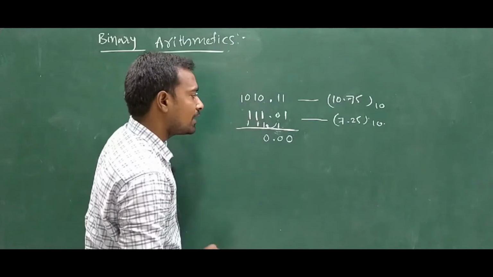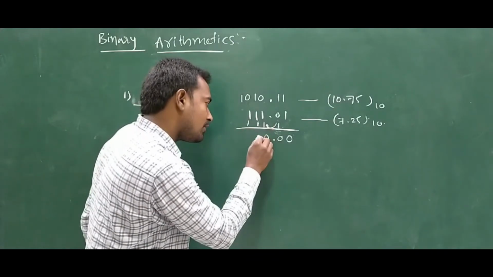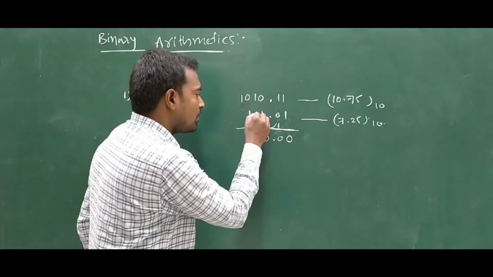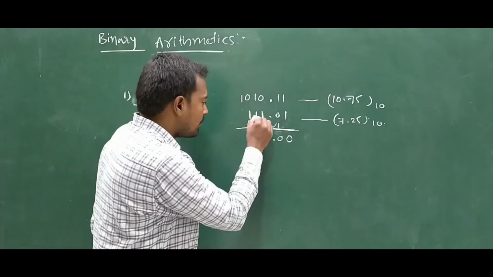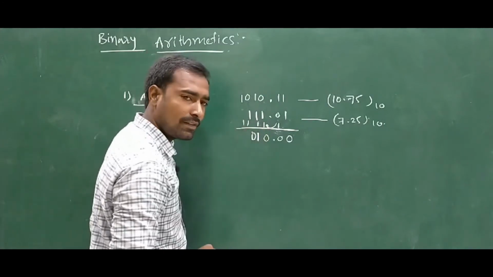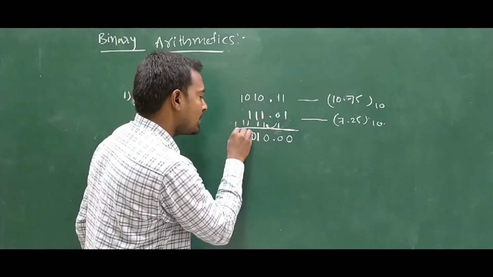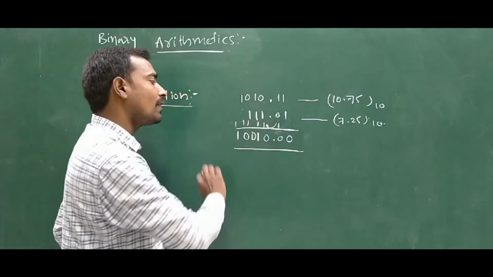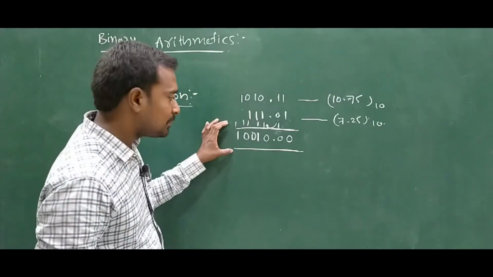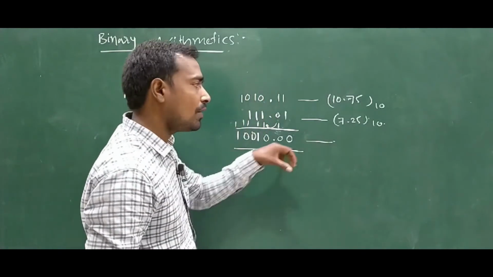So this is the binary addition, and this will be indicated in terms of decimal.